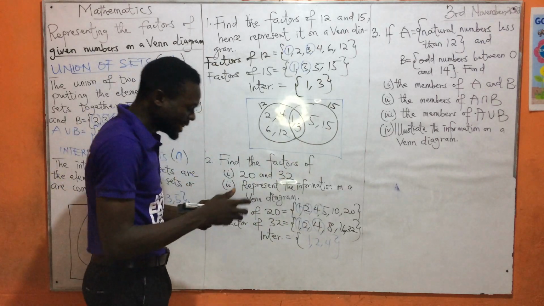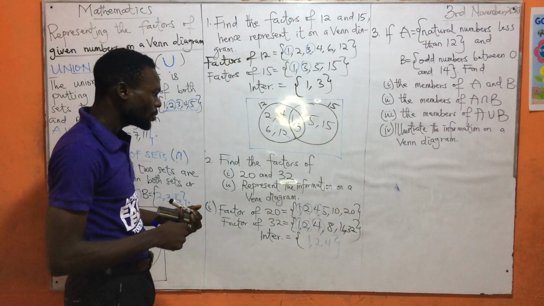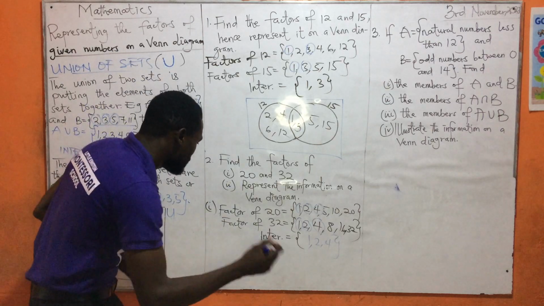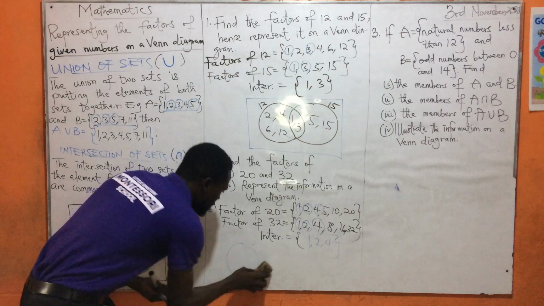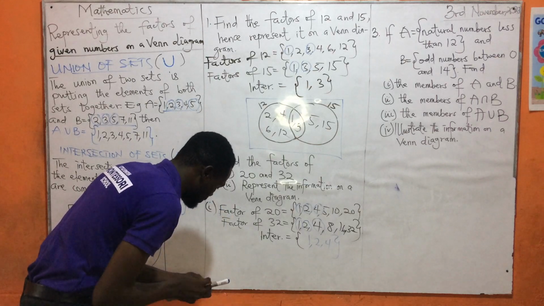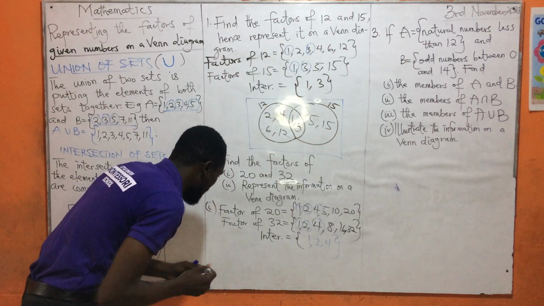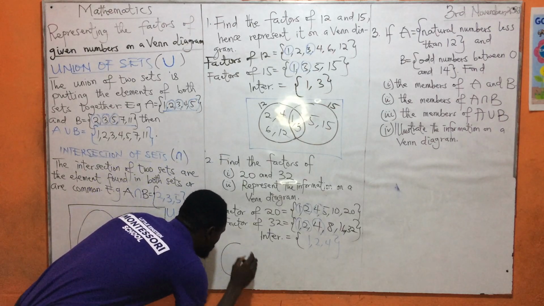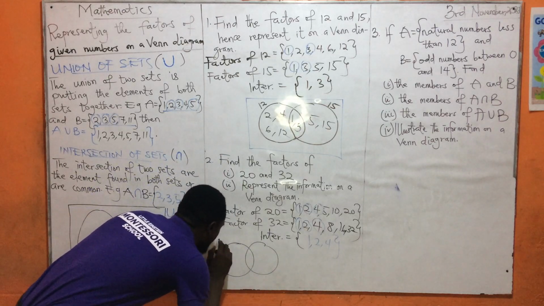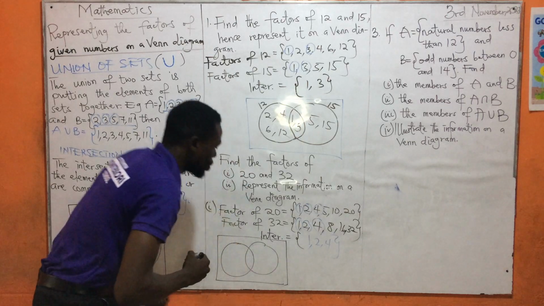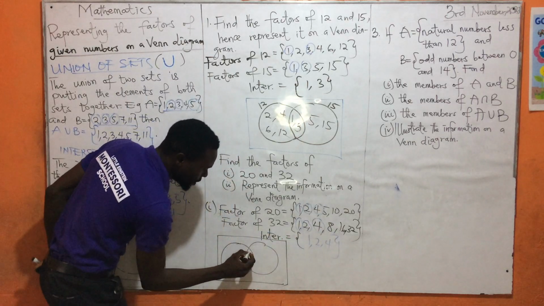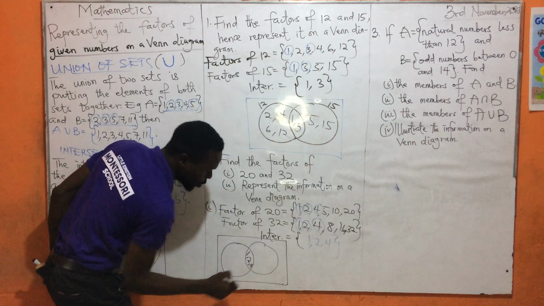So we can represent this on a Venn diagram. With a little space here, we have 2 circles. Let's use a marker that can be visible. So we have 2 circles, one meeting the other. Good. So since we have the intersection, we just write it here: 1, 2, 4.